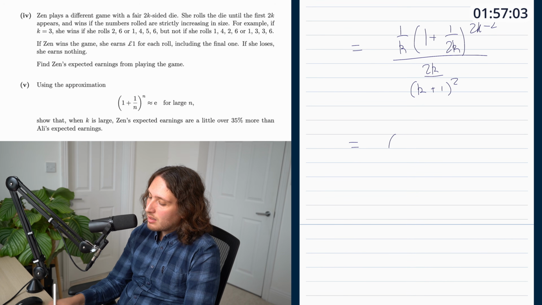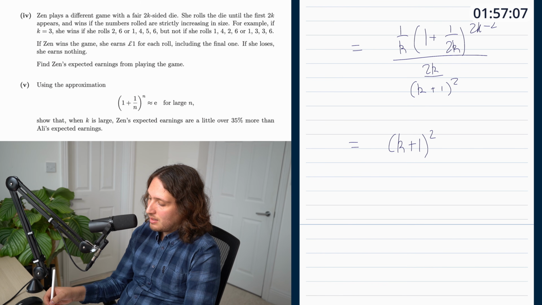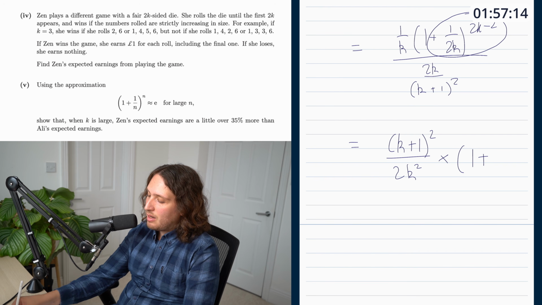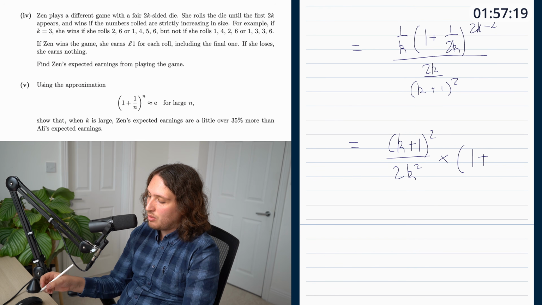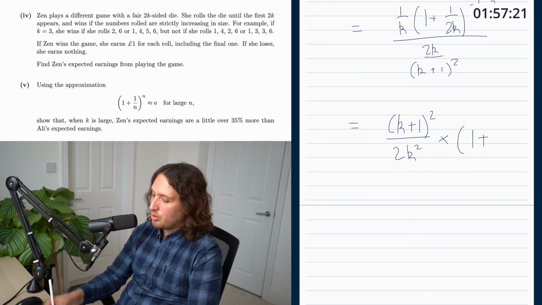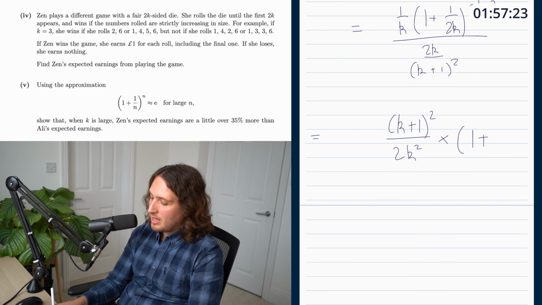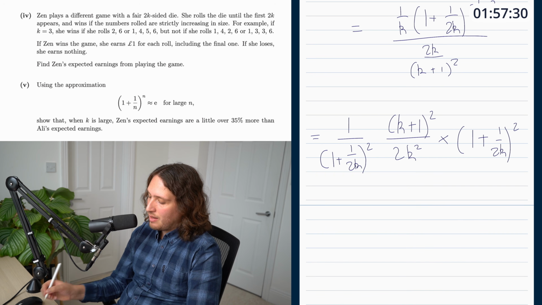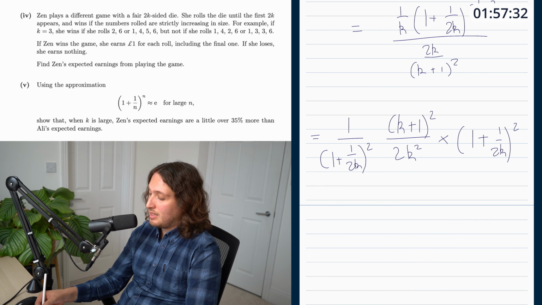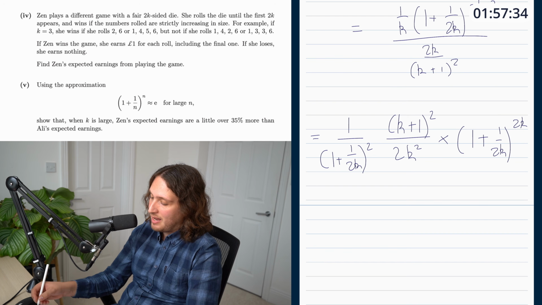Okay. So k plus 1 squared over 2k squared times this thing. Now, if that were the same as that, then I could use my result with n being 2k. So I'm going to pull 2 of them off. So I'm going to say that I've got 1 over 1 plus 1 over 2k squared. And then I've got it to the 2k up there.